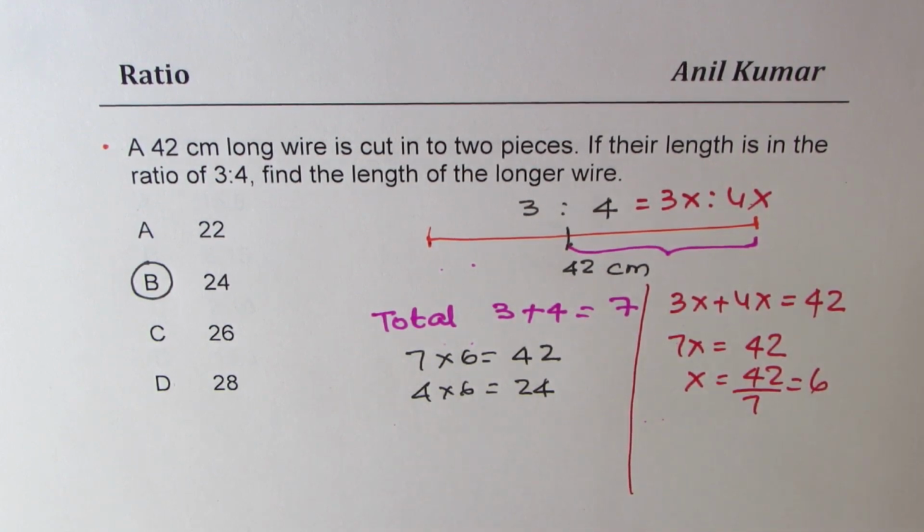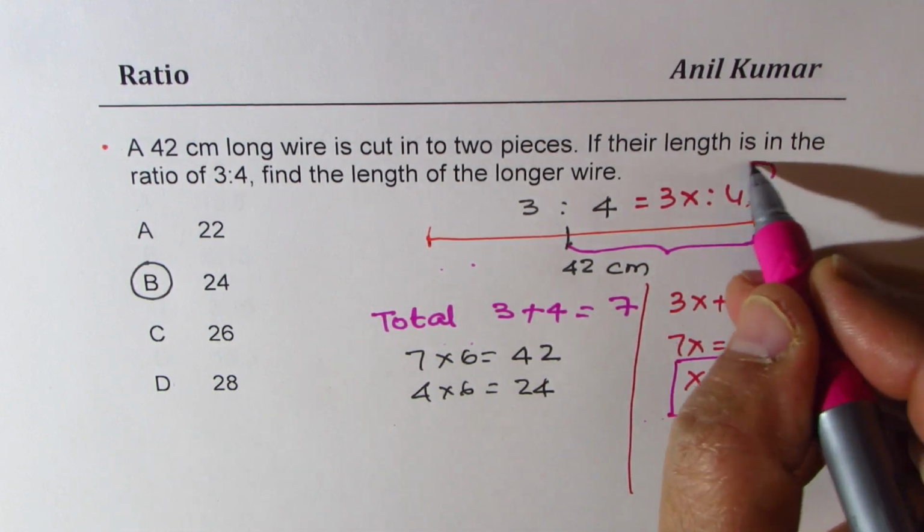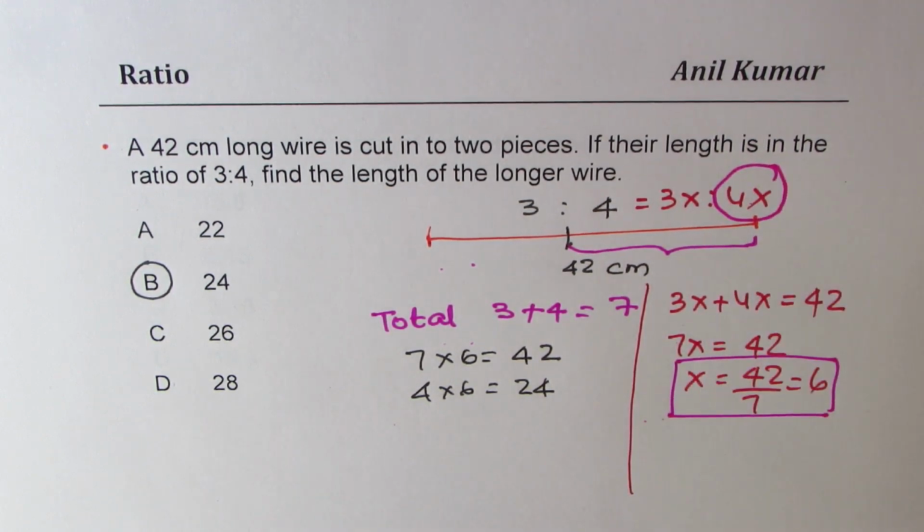Now once we know that x is equal to 6, we know we are interested in the longer wire. So it is 4 times 6 is 24. So that could be another approach to the same question. Straightforward. So apply the method which you feel is better for you.